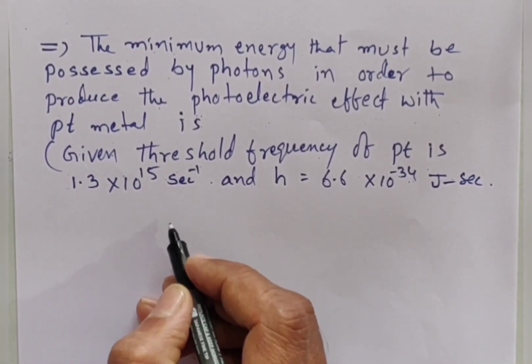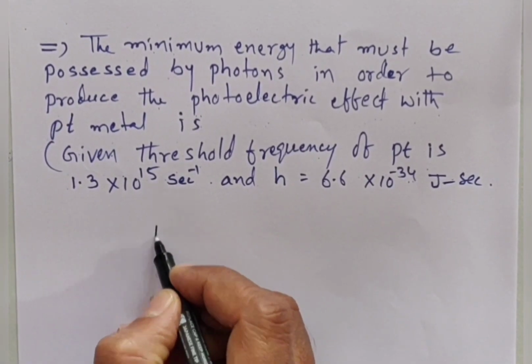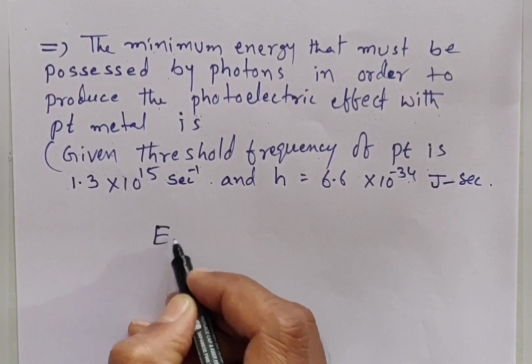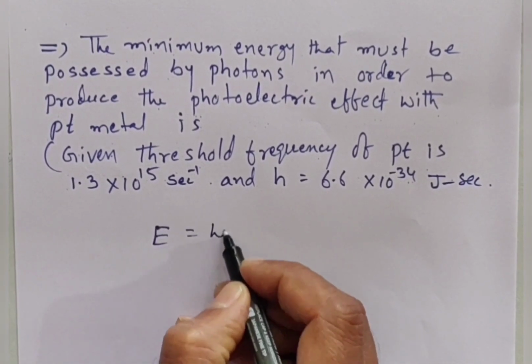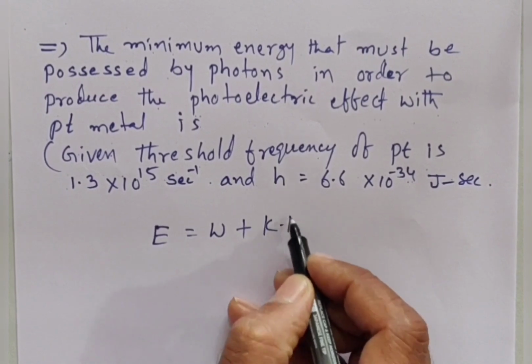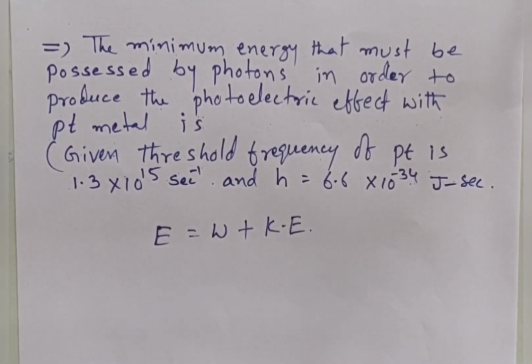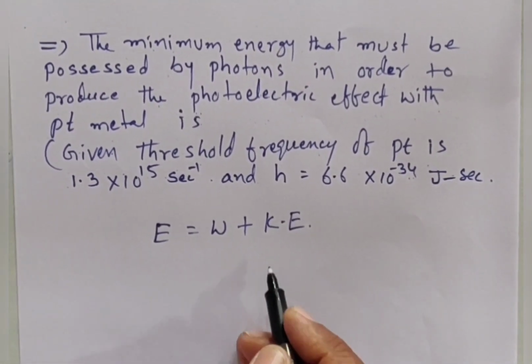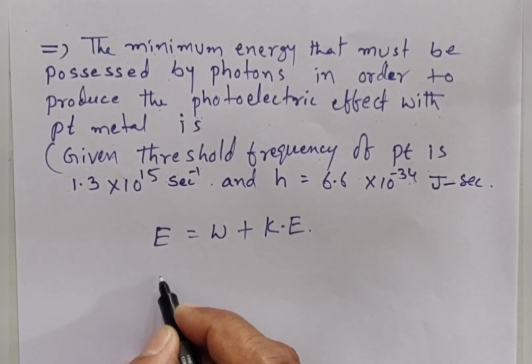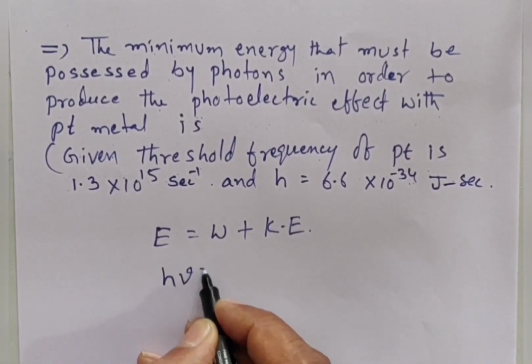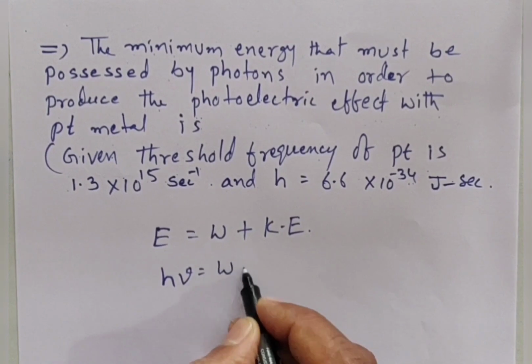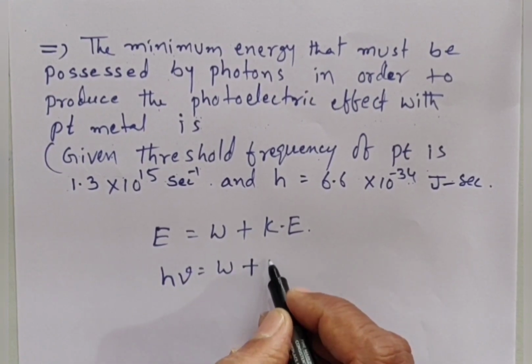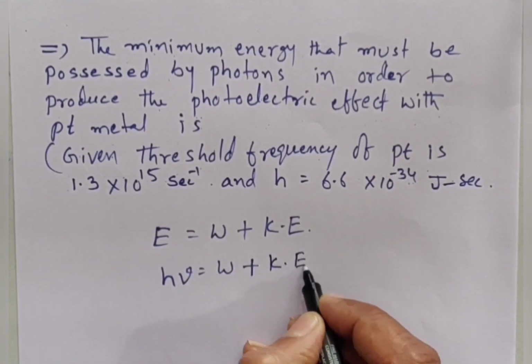Then you have to write the first mathematical expression, that is E is equal to W plus kinetic energy. This is the mathematical expression for photoelectric effect. Then E is equal to h nu. h nu is equal to W plus kinetic energy.